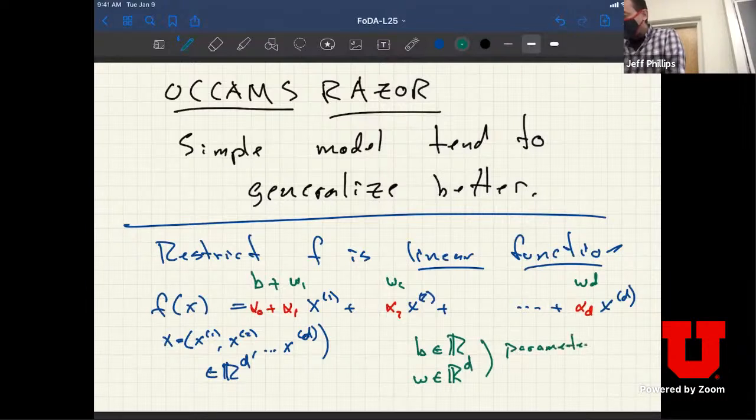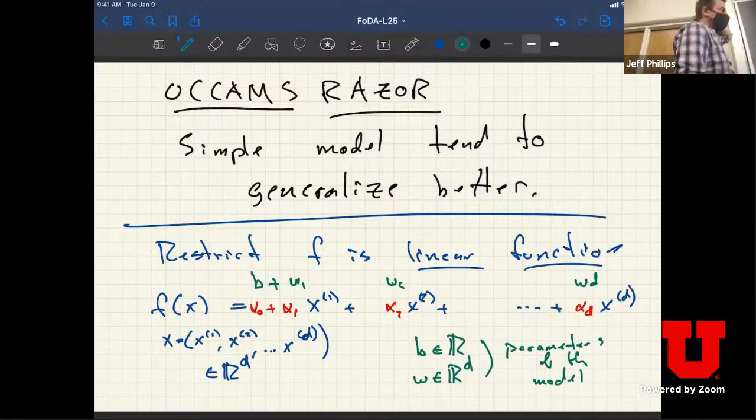Okay, so these will be the parameters of the model. Next we'll explain what this function looks like using these parameters.